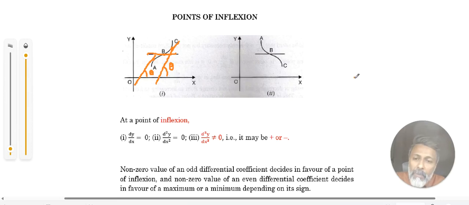We realize that the derivative sign is not changing from plus to minus. As both angles are acute, we understand that the sign in both cases for dy by dx is positive.